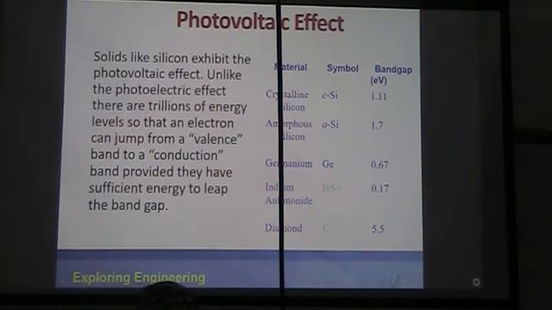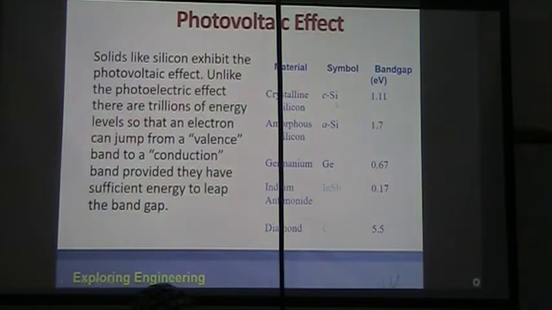All right, so when we think about different materials we might use, there's crystalline silicon. This is the one that is used in making photovoltaic panels. Our symbol is Si.